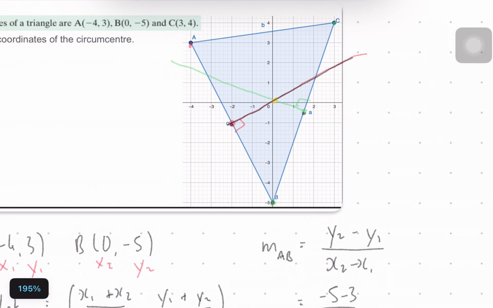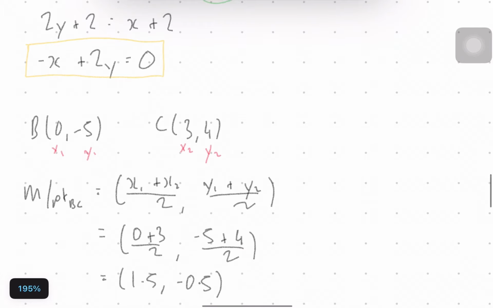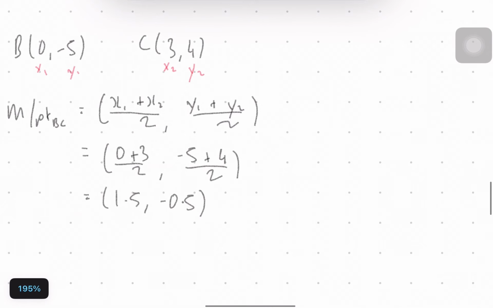Yeah, that's roughly where I estimated it would be. So if I have a graph, I use it to sense check my answers. I'm now going to get the slope of BC, flip it and change the sign, and that will give me the slope of the perpendicular bisector. So the slope of BC is y2 minus y1 over x2 minus x1.